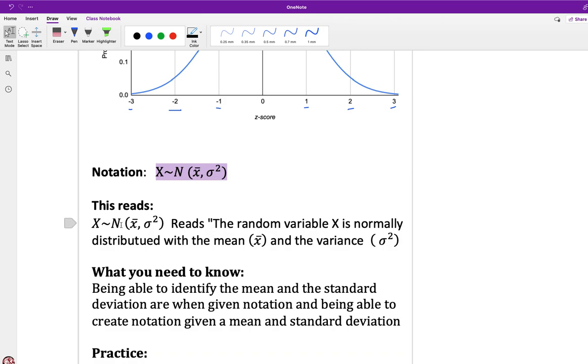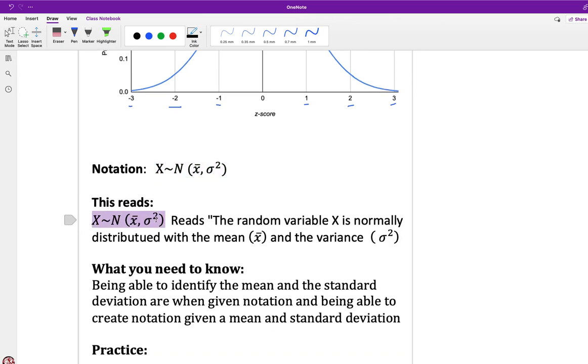The way it reads is the random variable x, whatever number we're going to be looking for, is normally distributed with a mean and a variance of the standard deviation squared. So that sign there means standard deviation. Let me add it in a bracket here.